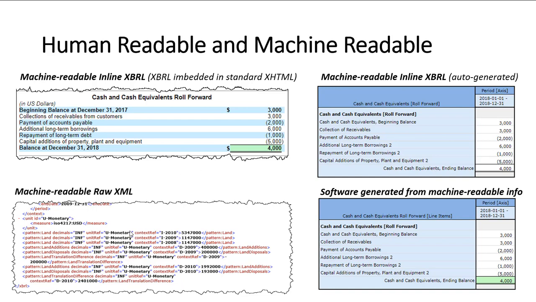So here you see the XBRL syntax. This is a layer of inline XBRL, which is basically XHTML, where the same information exists in an XHTML document, and you can extract information directly from this document. This was manually created. This is machine-generated inline XBRL.